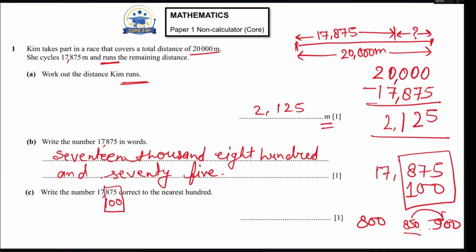If it is less than 850, like 849, we round down to 800. Here 75 is more than 50, so we round to 900. After rounding, we have 17,900, because 875 is greater than 850.